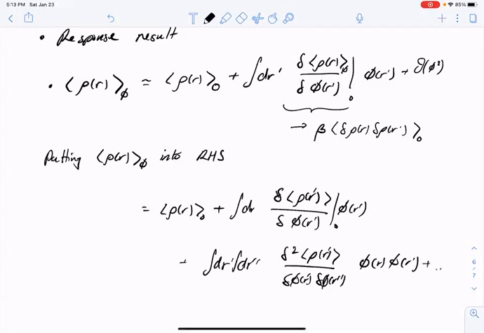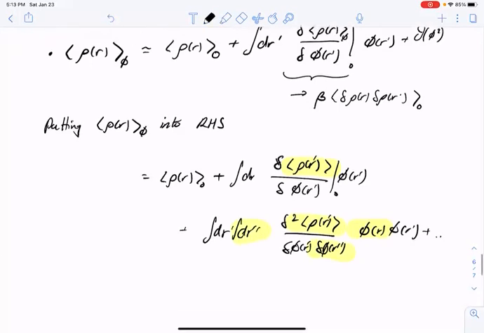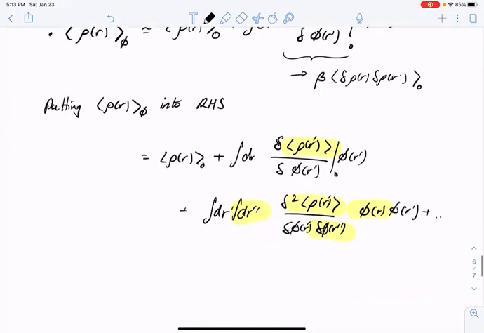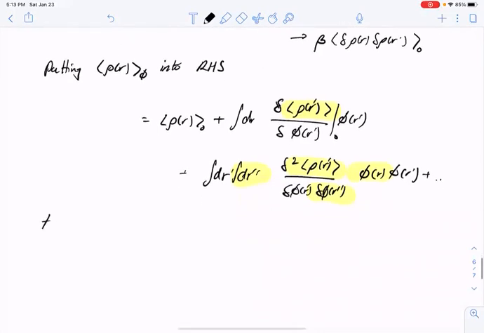We could keep doing that, but note that if we kept doing that, we would just be generating the same sequence. Rho is equal to the derivative of rho with respect to field times the field over an integral. If we did that to infinite order, we would have had the exact rho on the right-hand side, or the exact correlation function on the right-hand side.